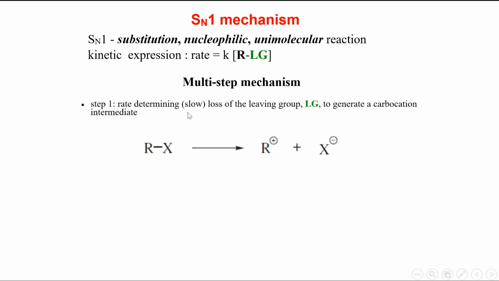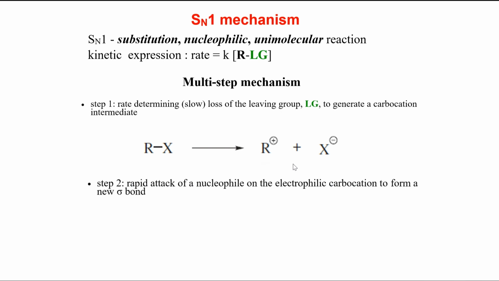RX dissociates into R plus and X minus. R plus is the carbocation form. In the second step, R plus, the carbocation, as we know, is a very reactive and highly unstable species.